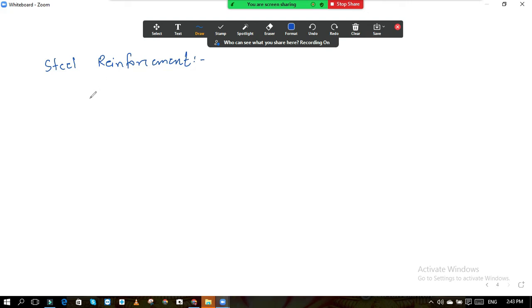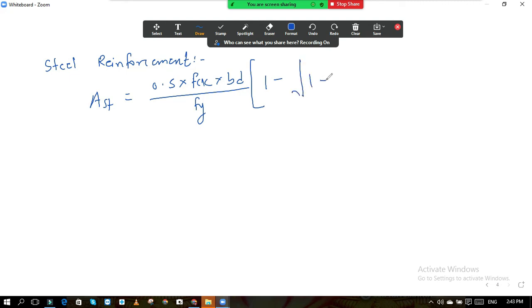Then AST is equal to 0.5 FCK BD divided by FY, into 1 minus under root 1 minus 4.6 MU upon FCK BD square. Now just put the values over here and let me know the answer.